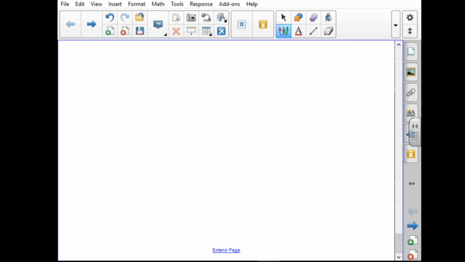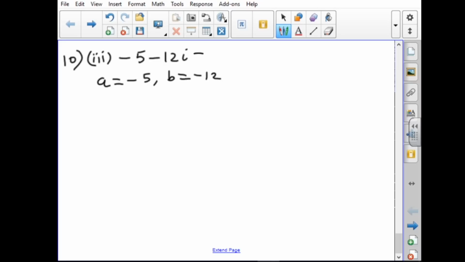So, find the square root of, we will do the third subdivision of the 10th question, which is minus 5 minus 12i. Here a is equal to minus 5, b is equal to minus 12, and this is z.